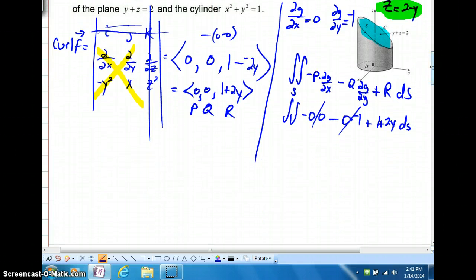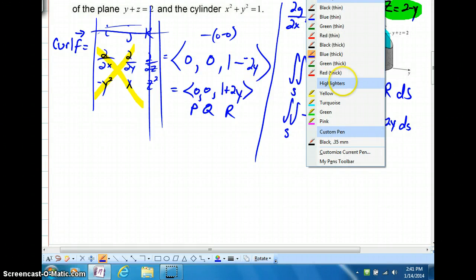I'm almost done. I've just got to deal with these parameters right now, and of course, that's with x and y. And like I said earlier in the lesson, you want to envision this boundary curve to correspond to a curve down below also.